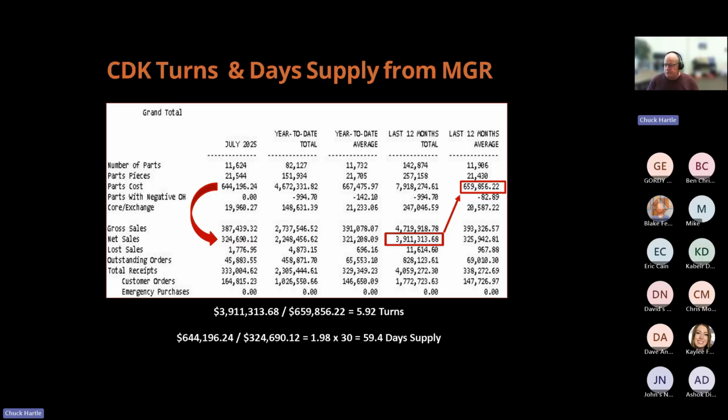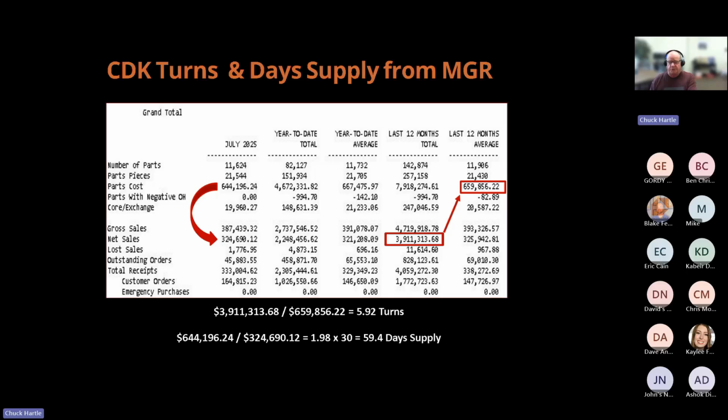So this is CDK, where you're using the annual activity and benchmark report, and the two calculations are pretty much laid right out there. Off to the right-hand side is where you can calculate the last 12 months net sales divided into your last 12-month inventory average. It's that easy. Then when you're calculating your days supply, using the same sheet and the same current month, you divide your parts cost into your net sales for that month to calculate, and it shows I've got a 59.4 days supply.